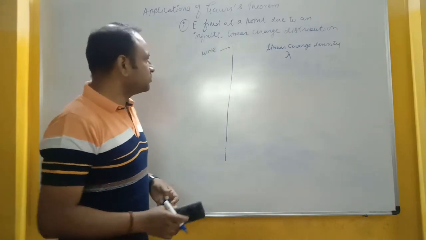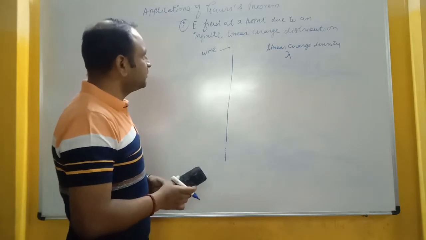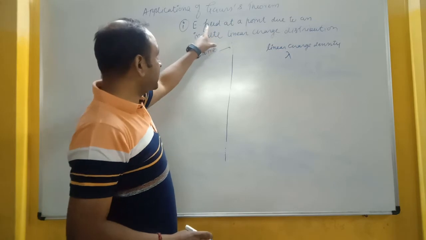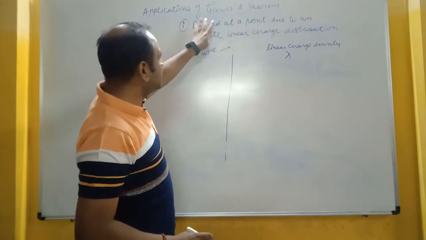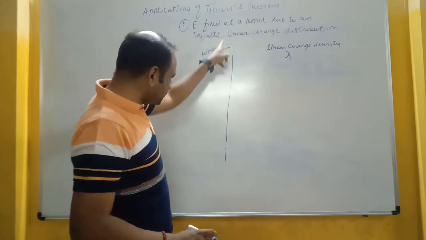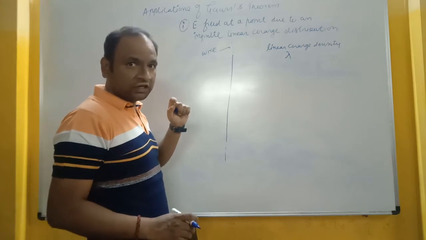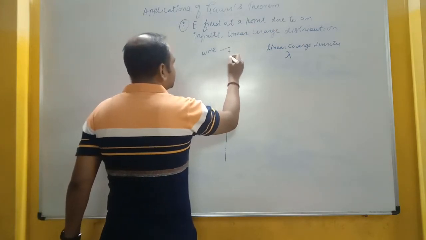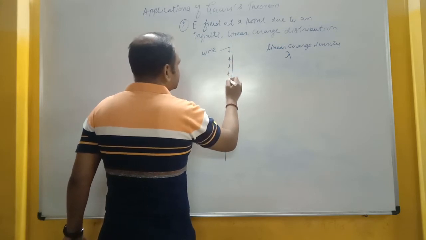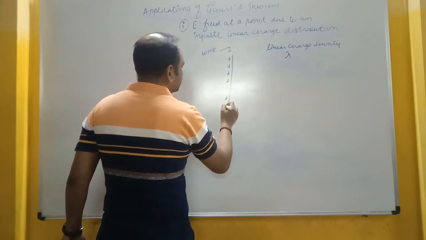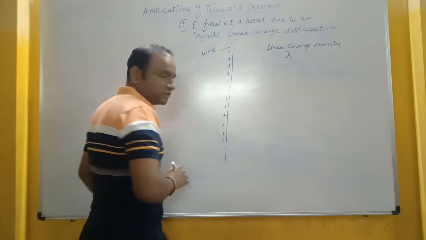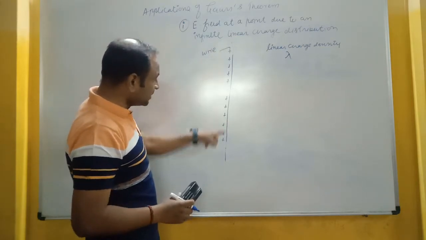Okay. So if I consider my observation point where I have to find the electric field, because my application is to find the electric field at a point due to this linear charge distribution. Suppose I give a positive charge over here, so that positive charge is uniformly distributed over the whole length of this infinitely long wire, something like this. It is uniform density.